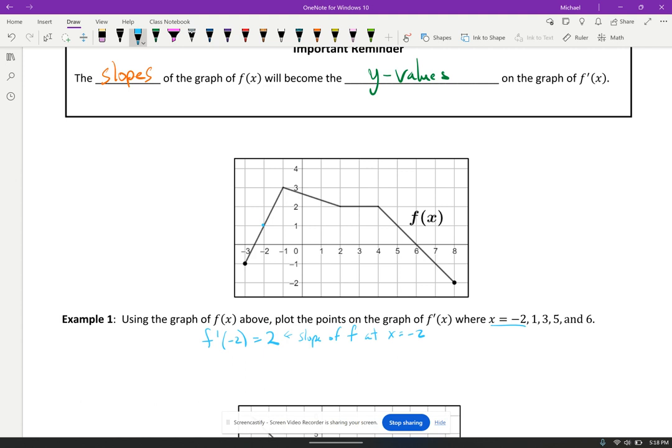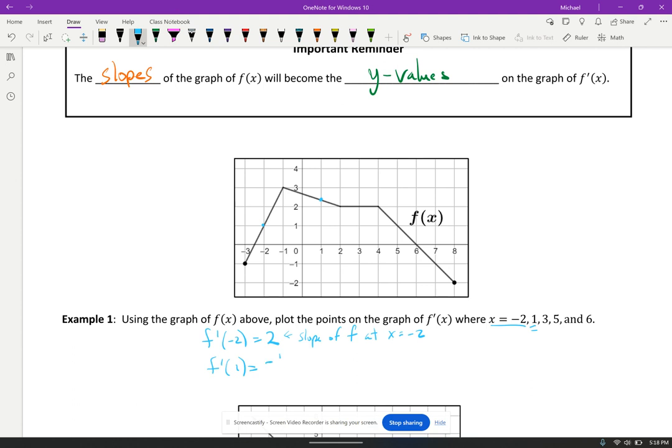So I'm going to go to the next one. Let's find f prime of 1. This is the f function value, but f prime would be the slope at this point, and the slope at this point is the slope of the segment, and that's going to go down 1 over 3.